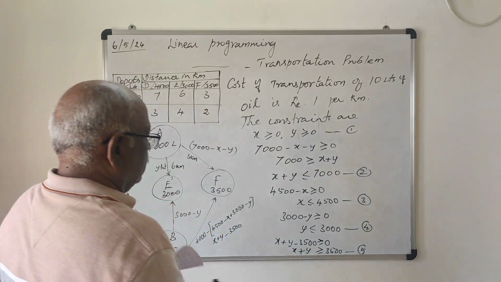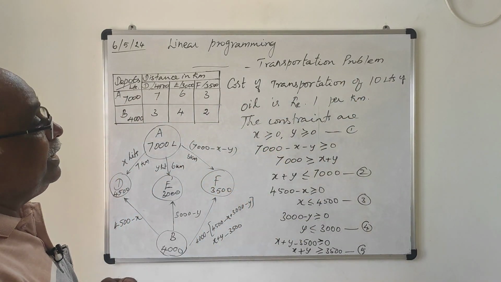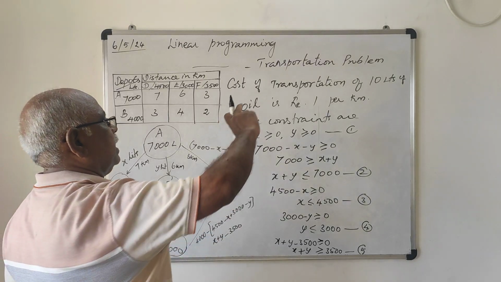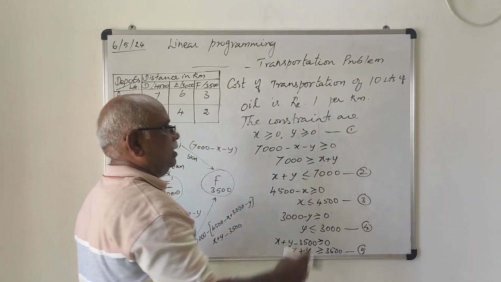Again, the cost of transportation of 10 liters is rupees 1 per kilometer.